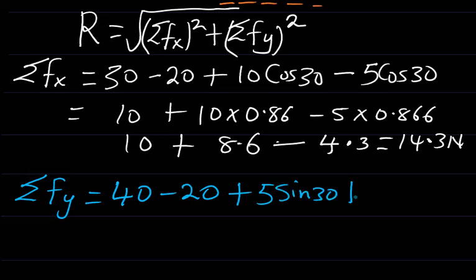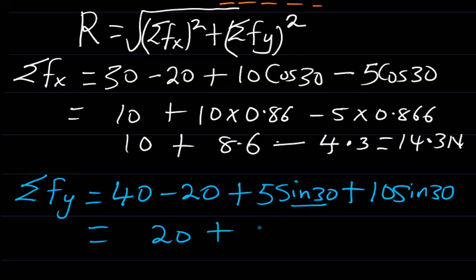Then the 10 Newton will also be positive 10 sine 30. So this is 20 Newton plus, sine 30 is 0.5, 0.5 multiplied by 5 is 2.5, then 0.5 times 10 is 5. So everything should be 27.5 Newton.